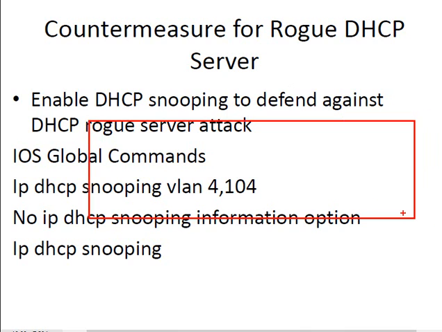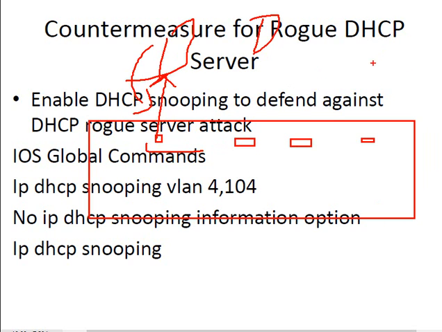It's something like this: the switch port and the trusted DHCP server are here. Use this command for the DHCP binding. It only trusts this DHCP server, and when the attacker sends rogue DHCP offers, they are dropped because we use the DHCP trusted port.